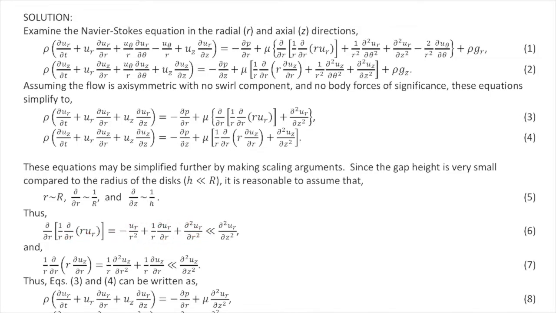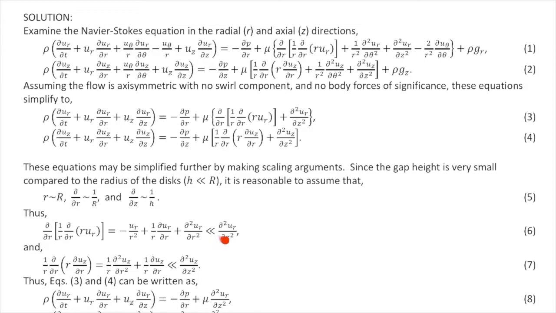And using my scaling argument, first of all, we have the velocity u r in each one of these. And then this will be like the velocity in r over capital R squared. This one will also be like u sub r over capital R squared. Same thing here, u sub r over capital R squared. So the whole left-hand side will scale something like 1 over R squared.